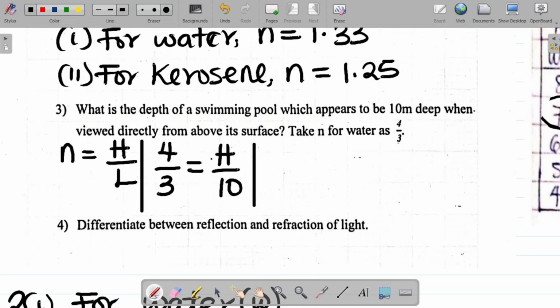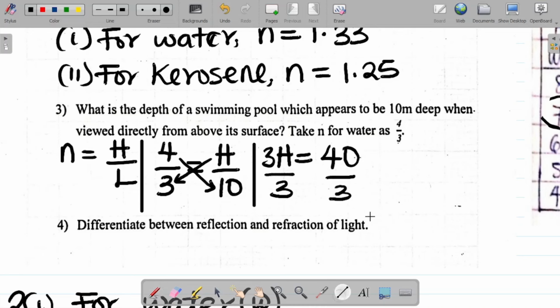So 3 times h, that's 3h, is equal to 4 times 10, that gives you 40. To get h, I'll divide both sides by 3.